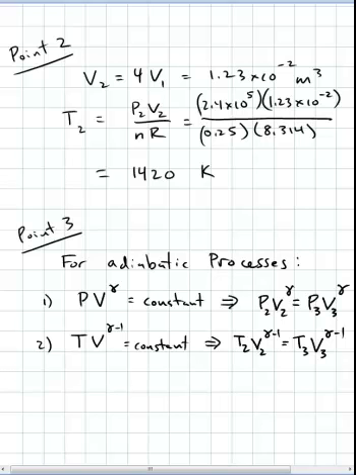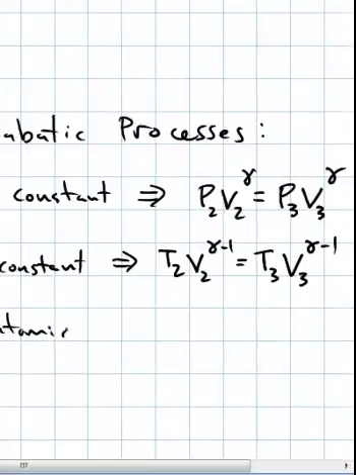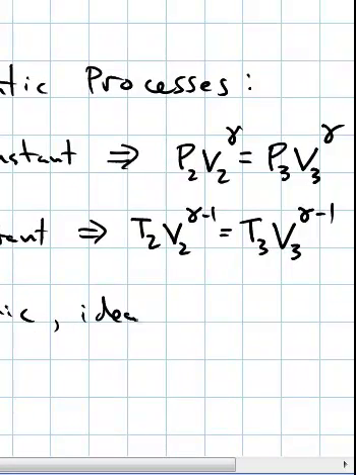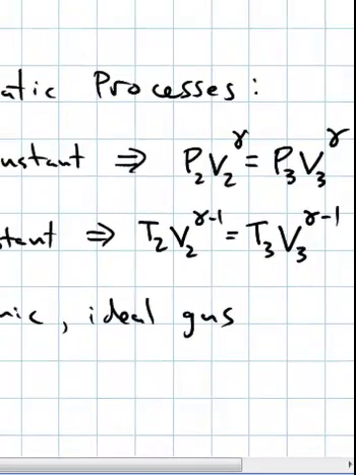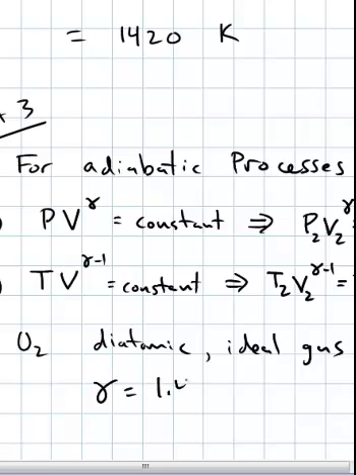So what is gamma? This is oxygen, and we're told we can treat that as an ideal gas. It's diatomic. So gamma is 1.40. So let's see what we can do here.